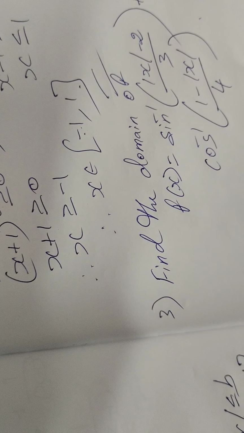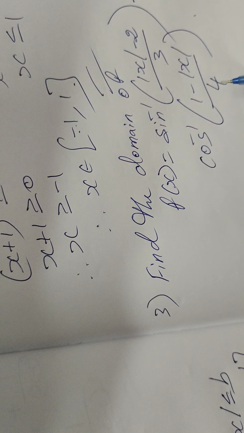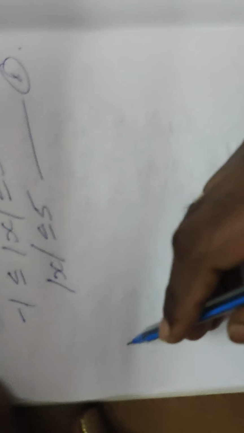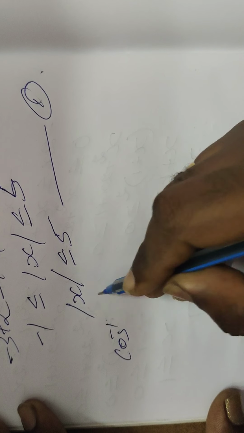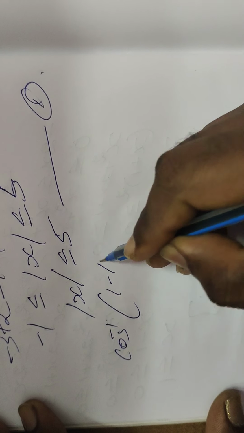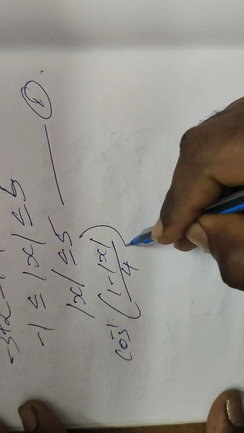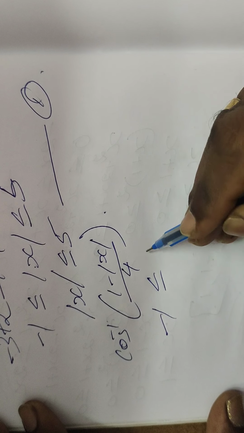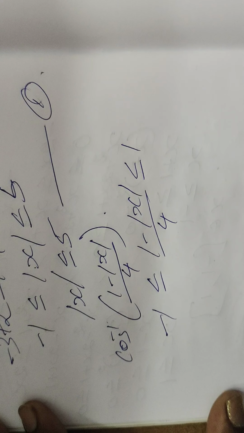Then the second term, cos inverse of (1 minus modulus of x) by 4. This value is also in between minus 1 less than or equal to (1 minus modulus of x) by 4 less than or equal to 1.